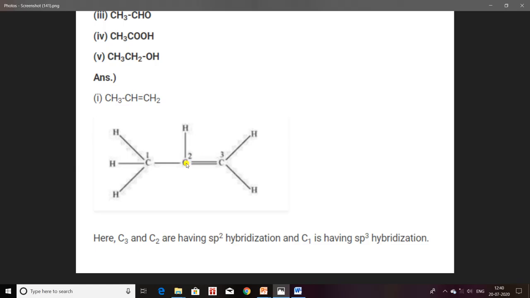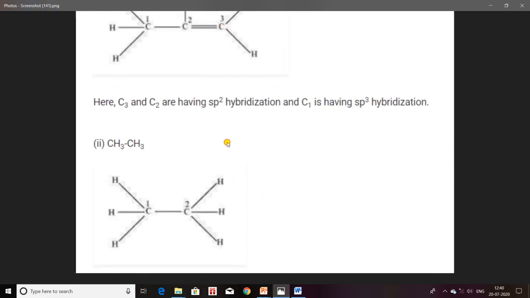As this carbon is making double bond, so with double bond hybridization is sp2. So here hybridization is sp2 of carbon 2. Now carbon 3 is also making 2 single and 1 double bond. So here you will write sp2.